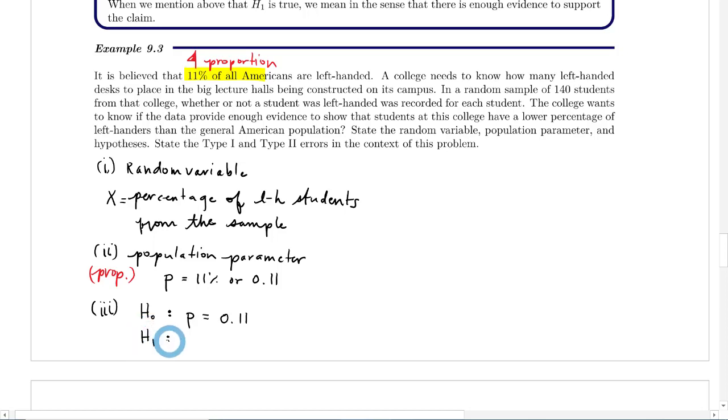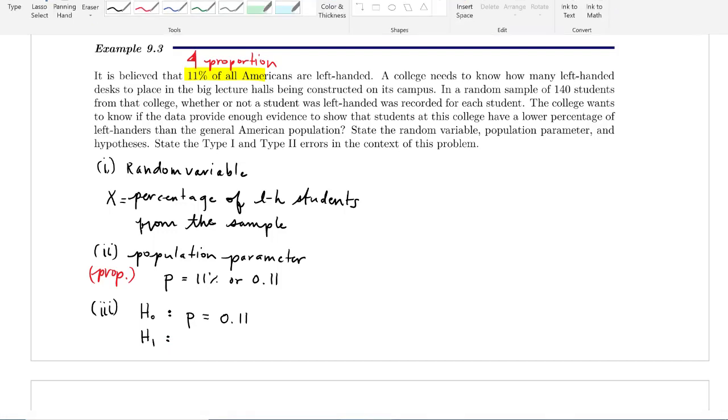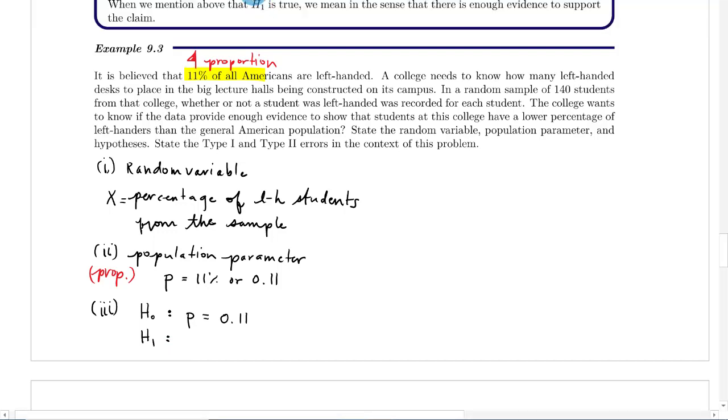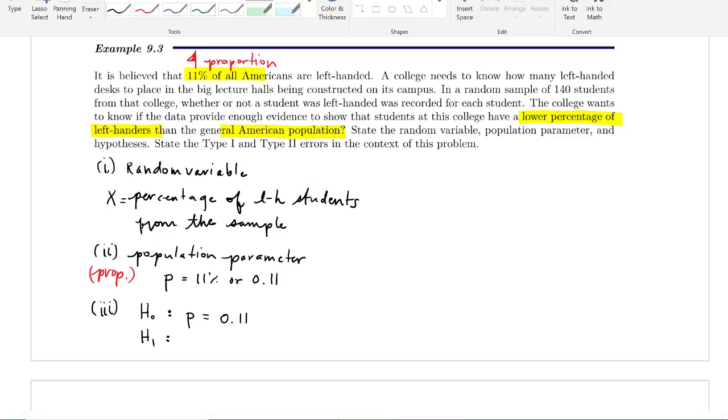The alternative is saying that, and this is where we need to go back to our problem. And then the college wants to know if the data provide enough evidence to show that the students at this college have a lower percentage of left-handers than the American population. So the lower percentage.